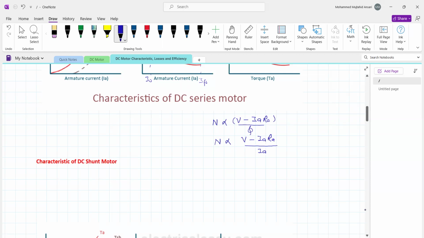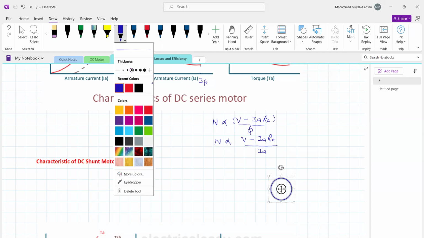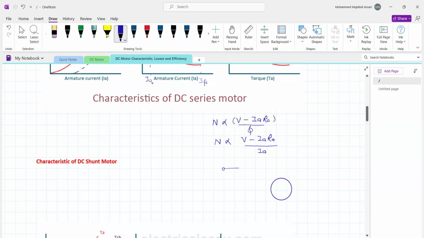Now for the DC shunt motor, first we will draw it. Here the shunt field winding is in parallel with the armature.